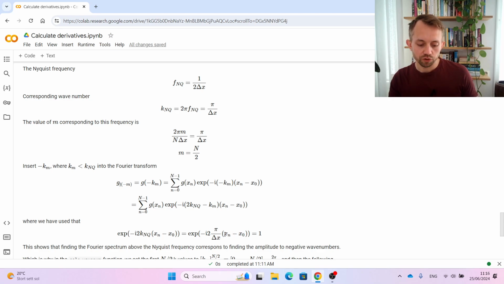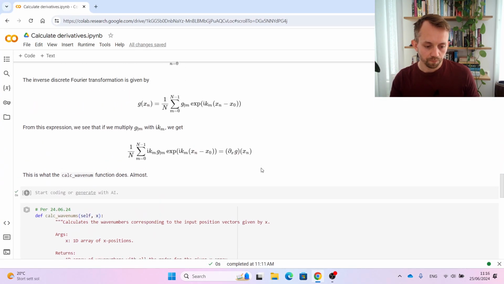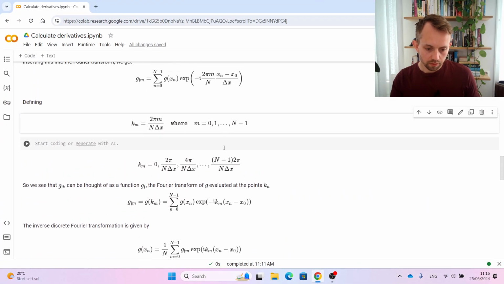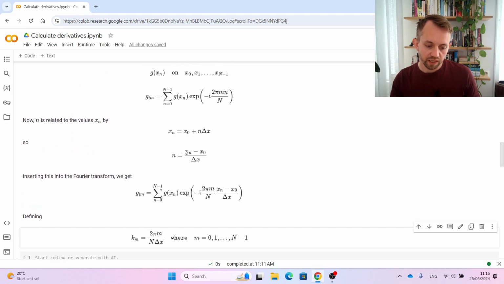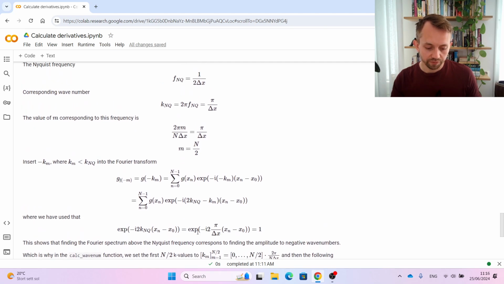is an integer, or there are several ways to look at it. If you go back to the definition of n, here you see that xn minus x0 divided by delta x is n, which is an integer. And so essentially what I have here is an exponential of xn minus x0 divided by delta x, that's an integer, and then I multiply by 2 pi, that's an integer multiple of 2 pi, which means that essentially I have just 1.